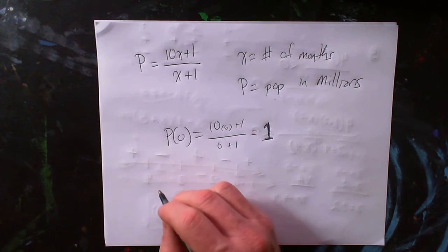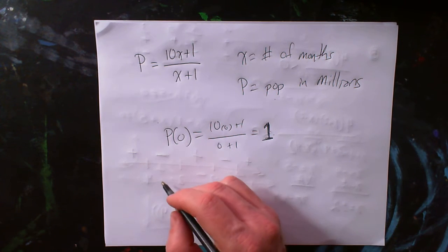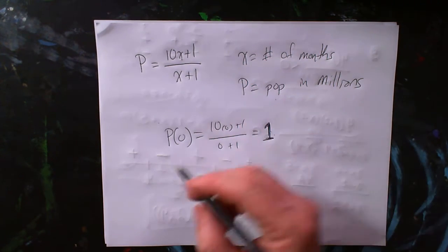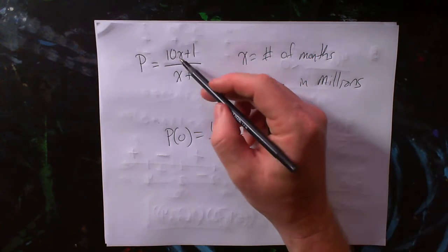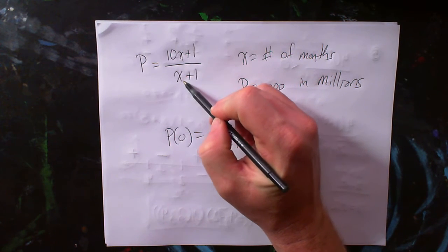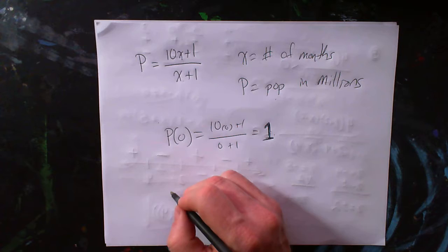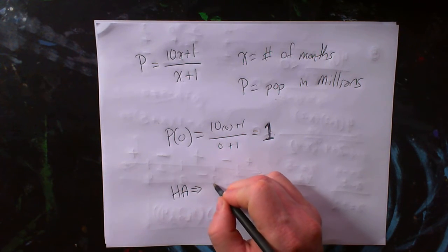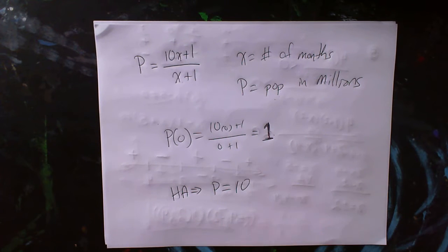The next thing says to find and interpret the horizontal asymptote. And so, again, since the degree of our numerator and the degree of our denominator is the same, there is a horizontal asymptote at P equals 10.